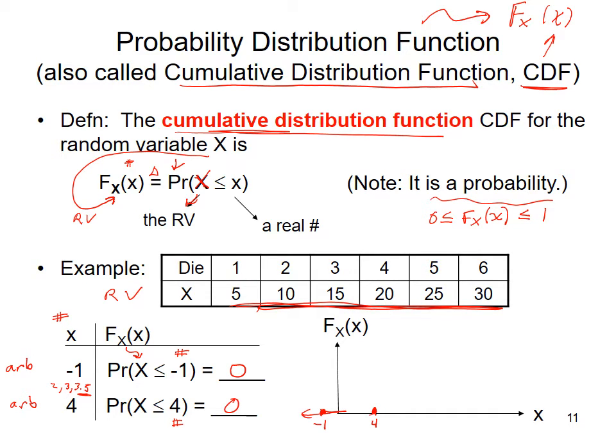So in other words, it's going to be 0 all the way between negative 1 and 4. And you can try that for yourself. Make any number between negative 1 and 4, and the probability of x being less than or equal to that number would be 0. Okay, so now I know what it is for negative 1 all the way up to 4.